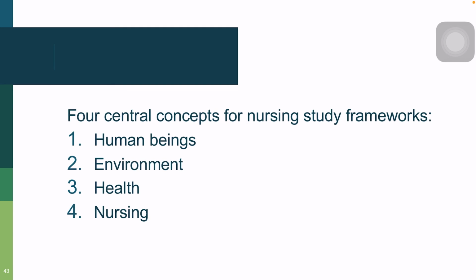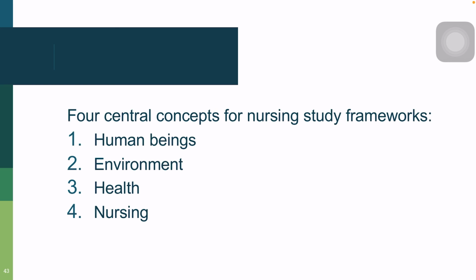Now, to proceed to the 4 central concepts for nursing study frameworks, nurses have formulated theories and models of nursing practice. These are the 4 concepts that are central to models of nursing: human beings, environment, health, and nursing. One example is Sister Callista Roy's adaptation model. It identifies adaptation of patients as a critical phenomenon.